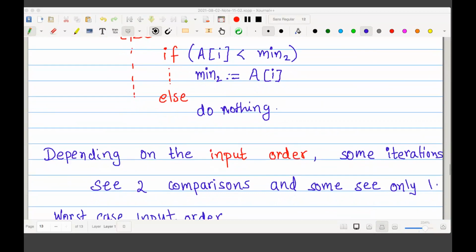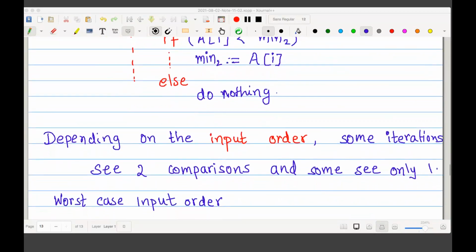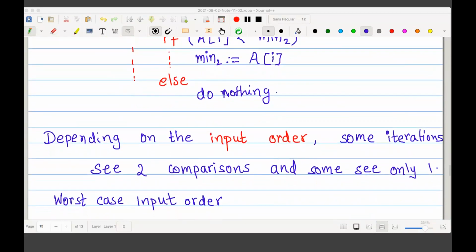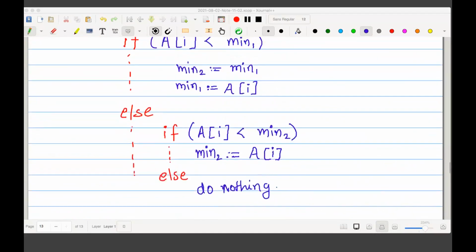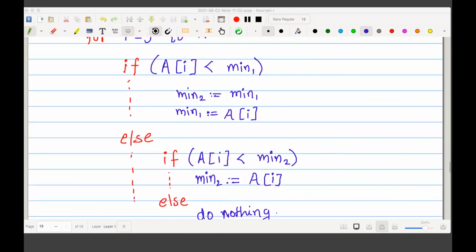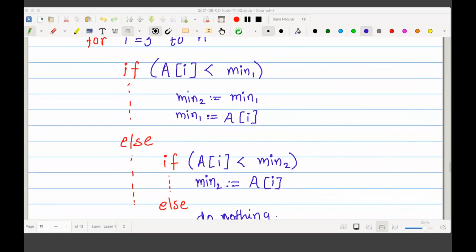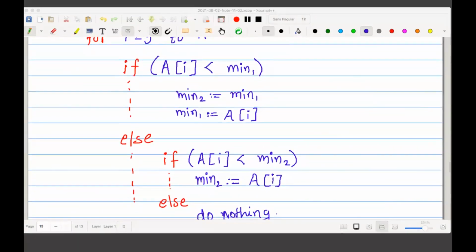So what do you think is the worst case input order, right? Worst case is when every iteration sees two comparisons, right? Can you suggest some input order which will take two comparisons in every iteration?